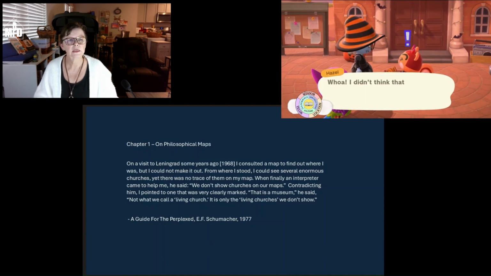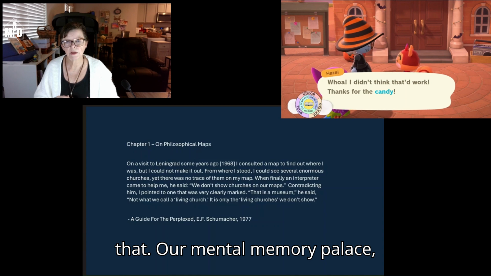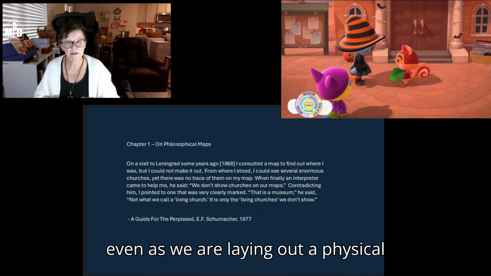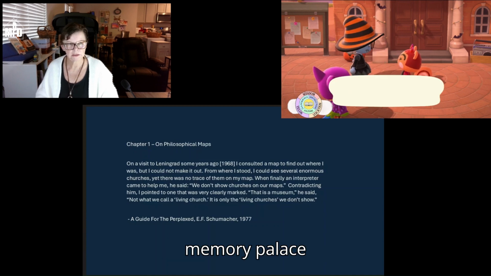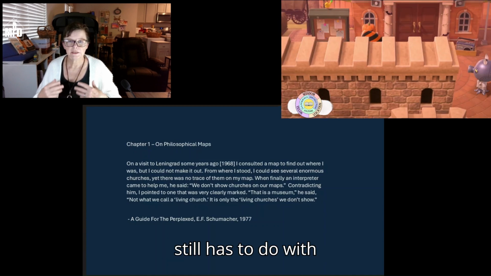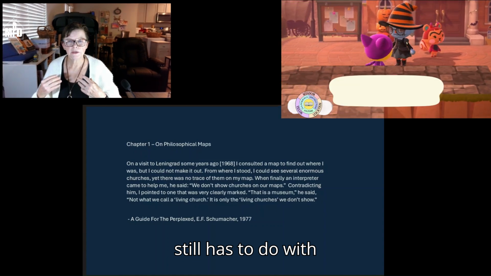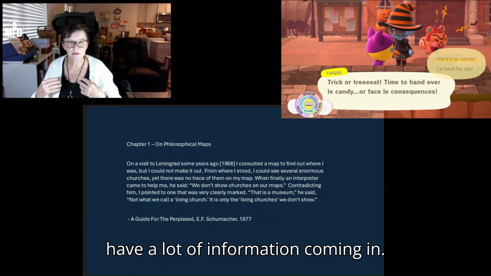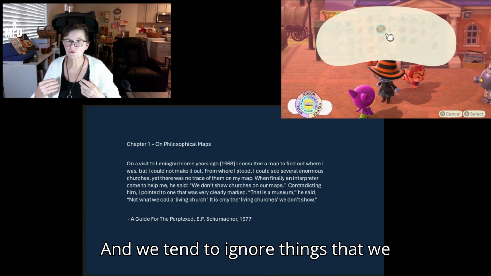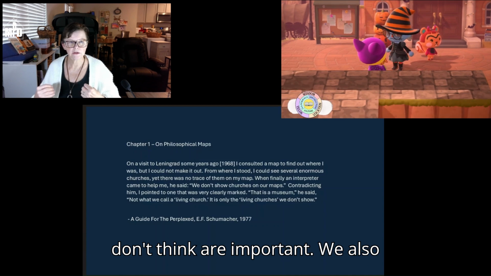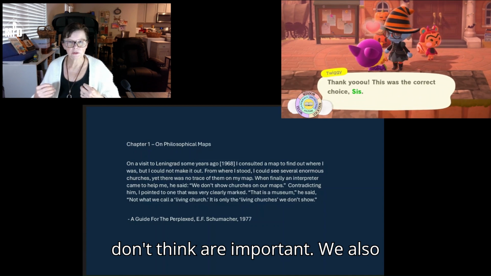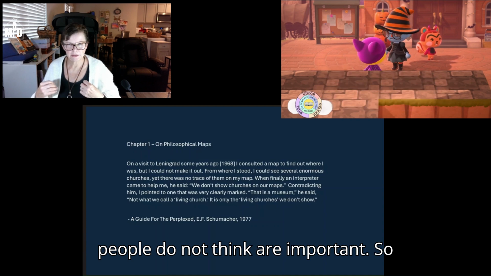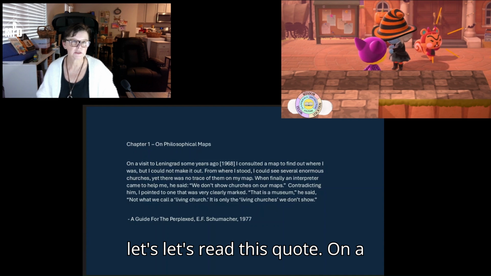Our mental memory palace, or even as we are laying out a physical memory palace, still has to do with how we perceive the world. We have a lot of information coming in, and we tend to ignore things that we don't think are important. We also tend to not see things that other people do not think are important. So let's read this quote.